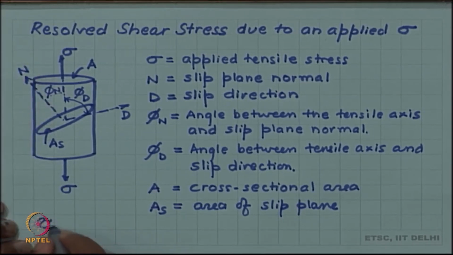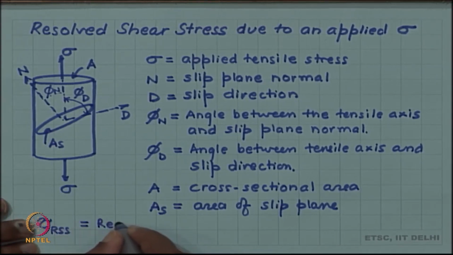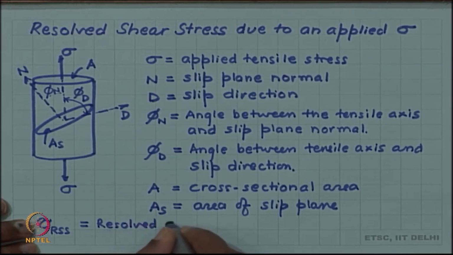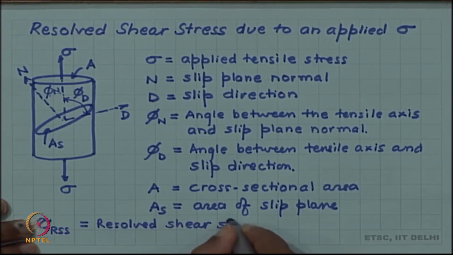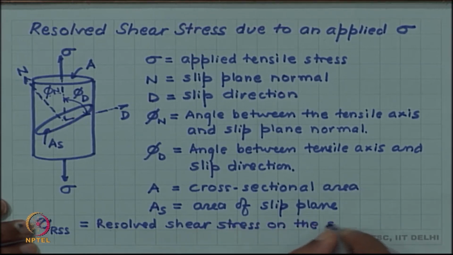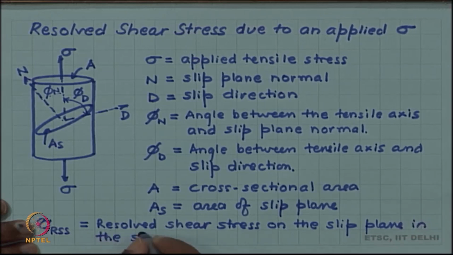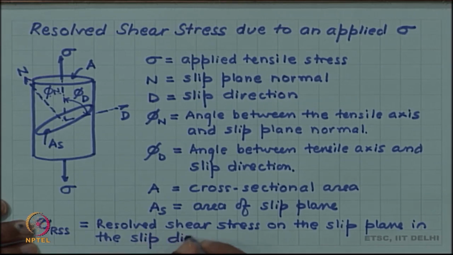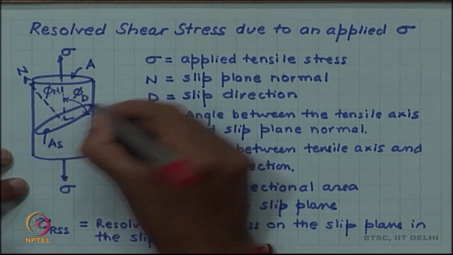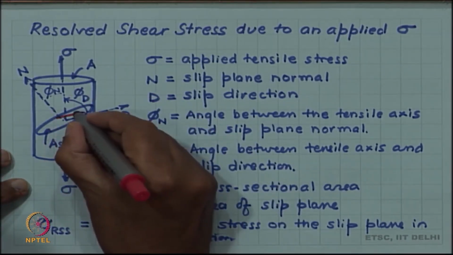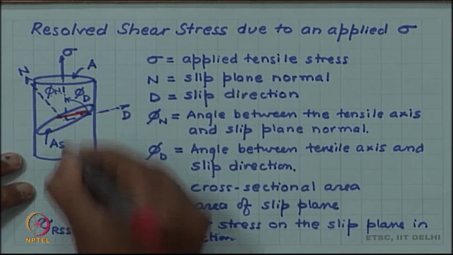So, tau RSS is the resolved shear stress on the slip plane in the slip direction. So, tau RSS is on this plane acting in that direction.